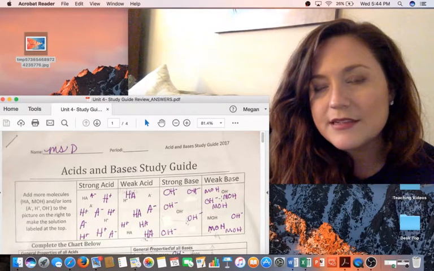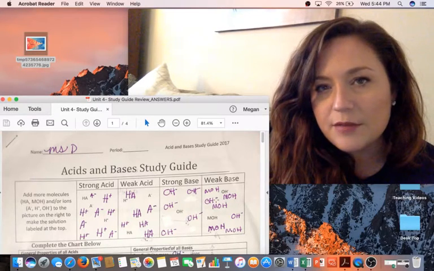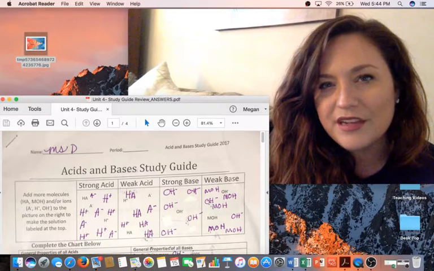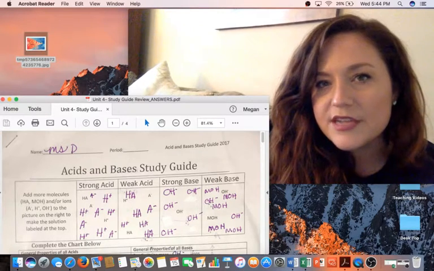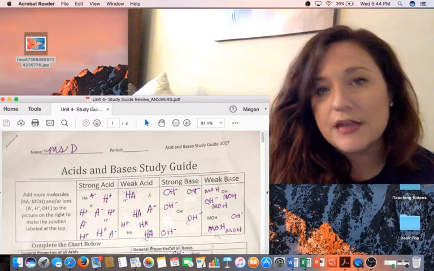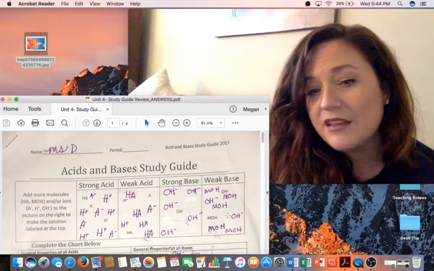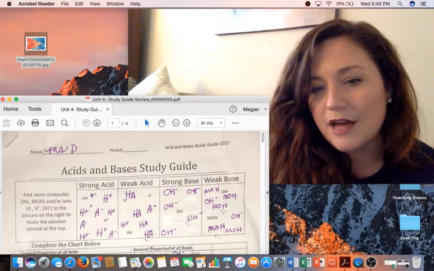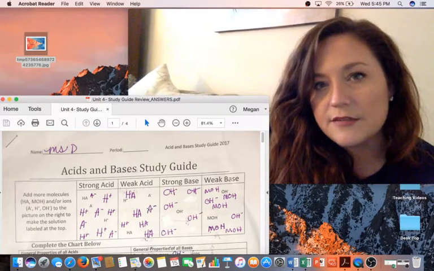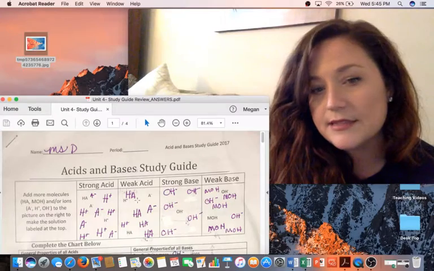Because it's a base, it's going to have hydroxide, but a lot of them stay with M. Now, M is not an actual element on the periodic table, but more a representation, a symbol like A, for other elements that could be attached to hydroxide. So there's a lot of them that are still stuck together and not many hydroxides by themselves. So please understand the difference between strong and weak acids and bases.